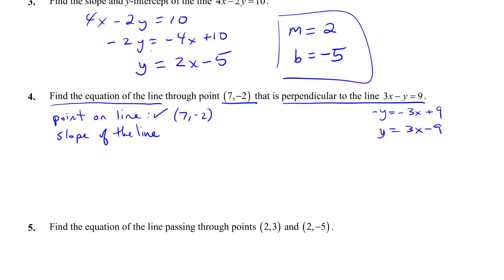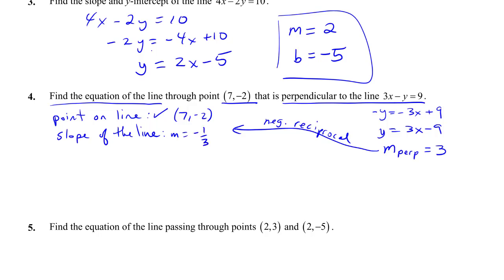All right. So in this case, the slope of the original line is 3. Now, if I know that slope is 3, then the slope that I want is the negative reciprocal. Negative reciprocal of 3 is -1/3.